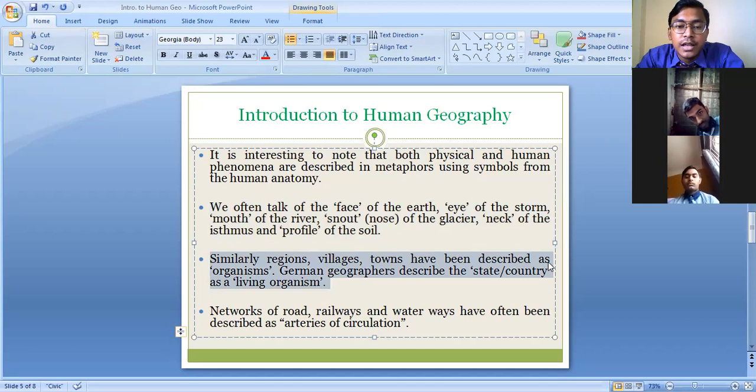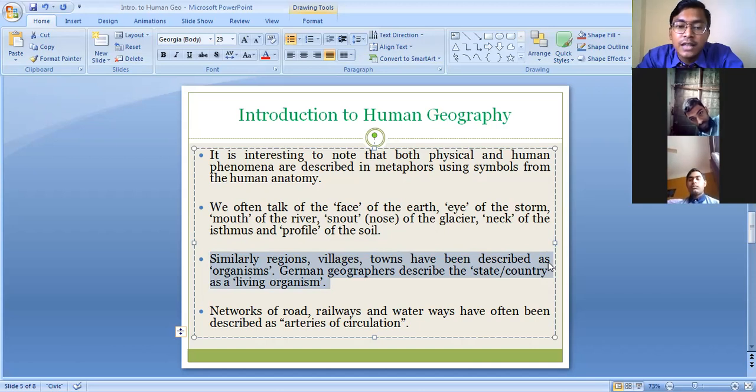Even the state of the country has been considered a living organism, because it goes on evolving. A particular place, region or town does not remain static for a longer period of time. It goes on changing, its characteristics and size, everything, with time.